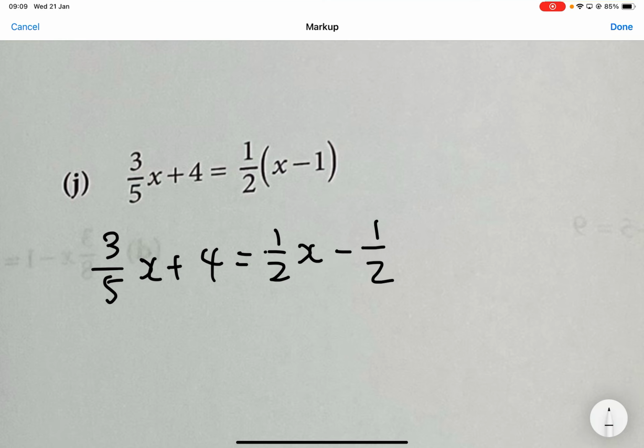Once I open up the bracket, then it's no different from the previous question. The following, I want to put my x term on the left, put my number term on the right. Then I can continue from there. So it's just doing expansion first. Then can continue already. Okay? So this will be your homework: Part D, Part E, Part F. D, E, F.